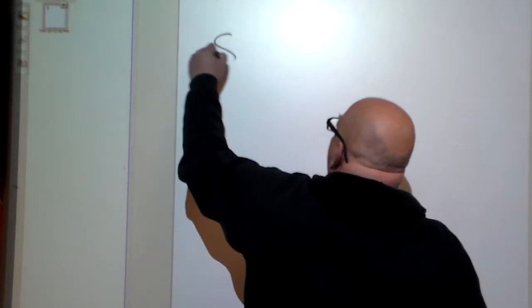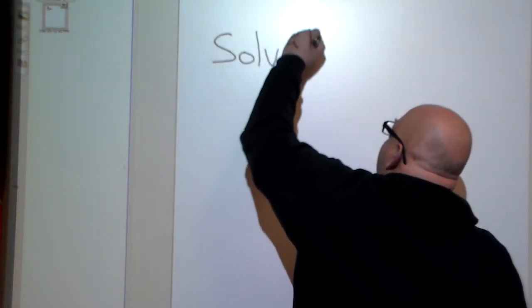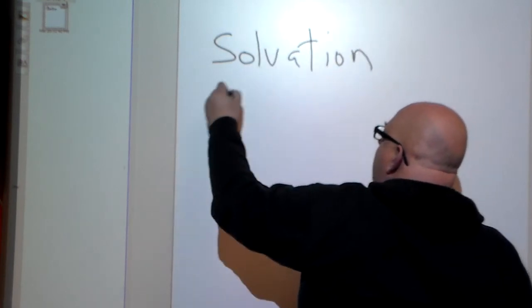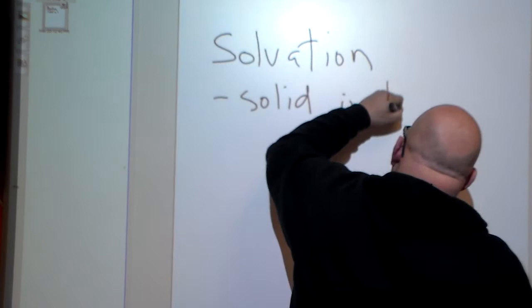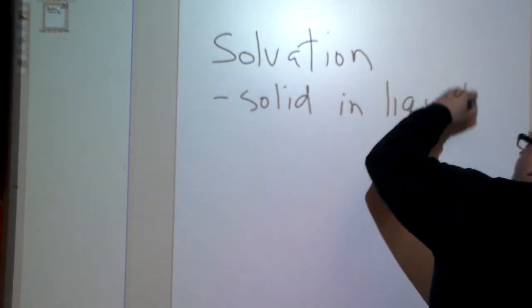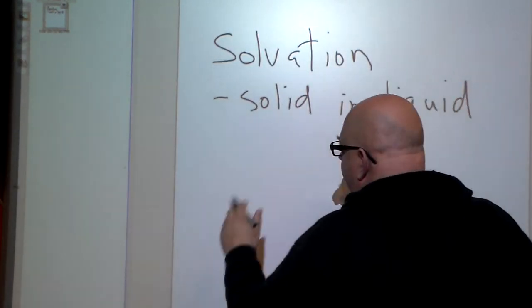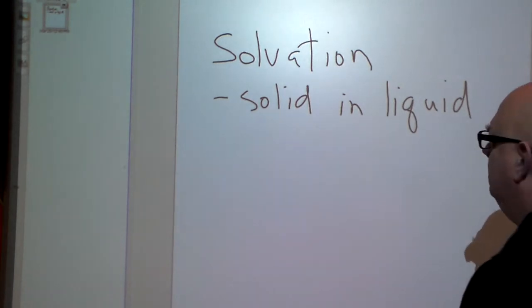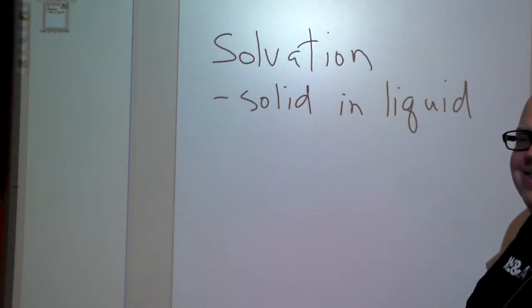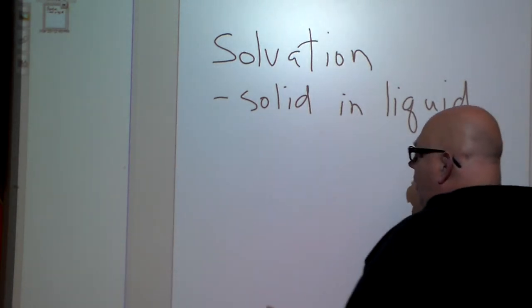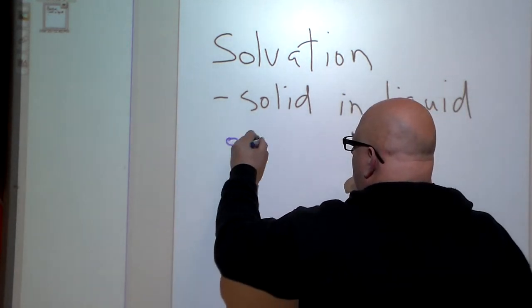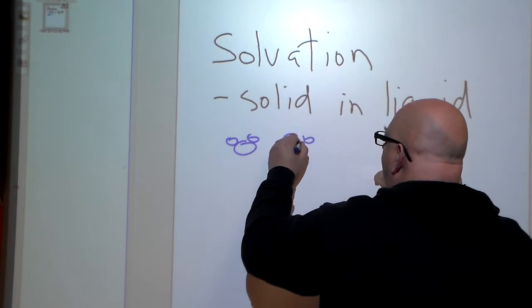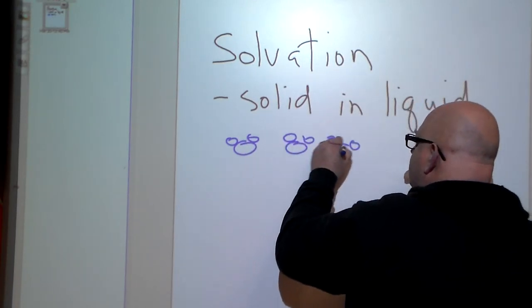Okay, so when we look at solvation, remember it's solid in liquid. The solid gets dissolved. What does that look like? Well, think about this. Here you've got all these water molecules, right?